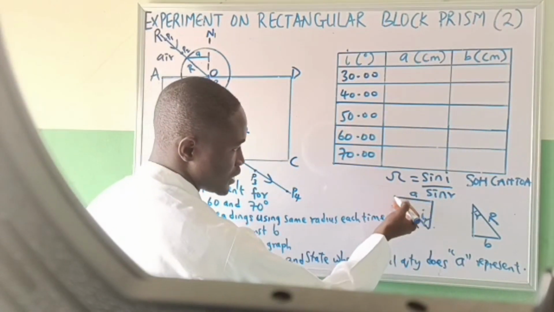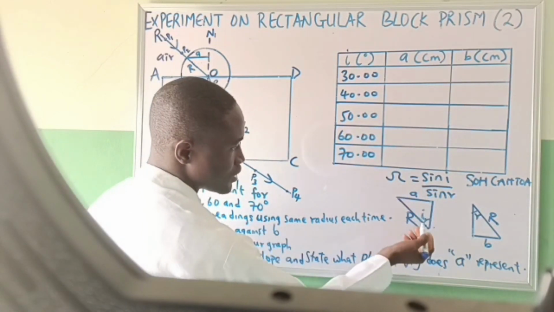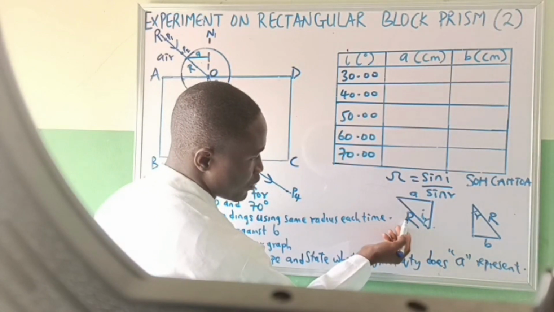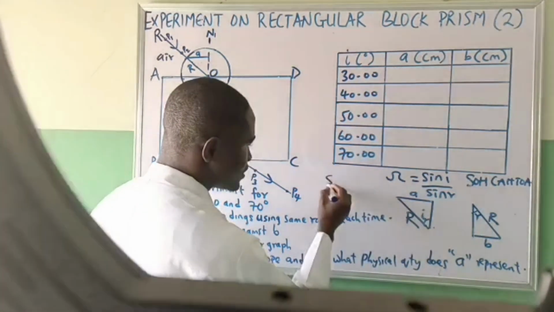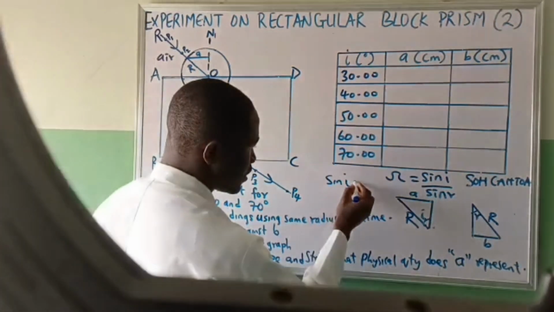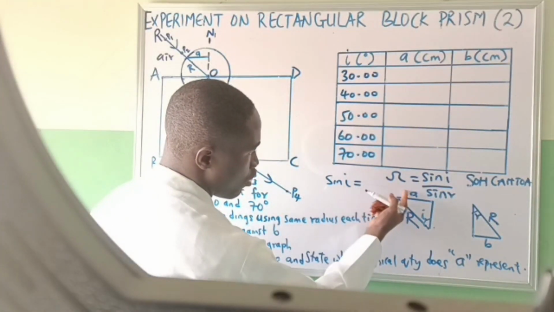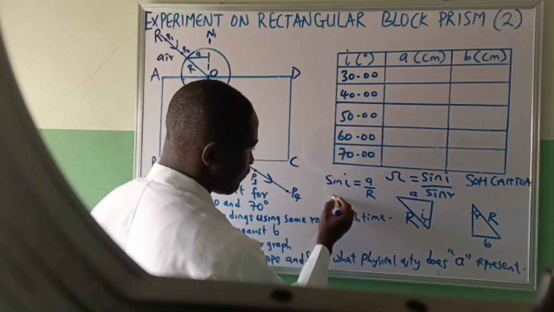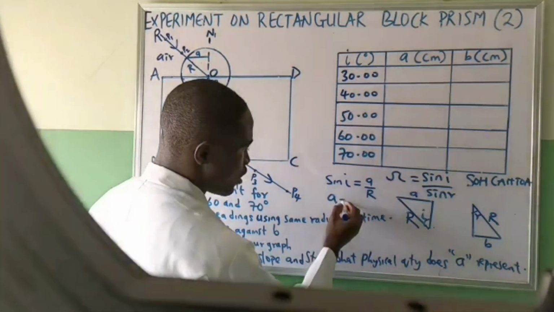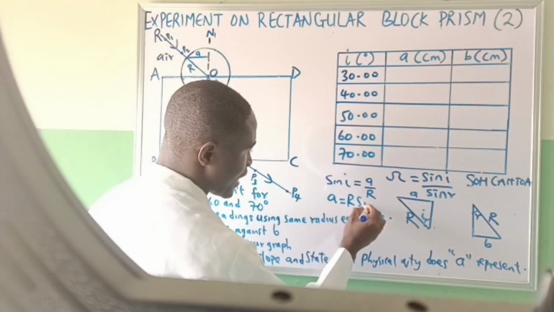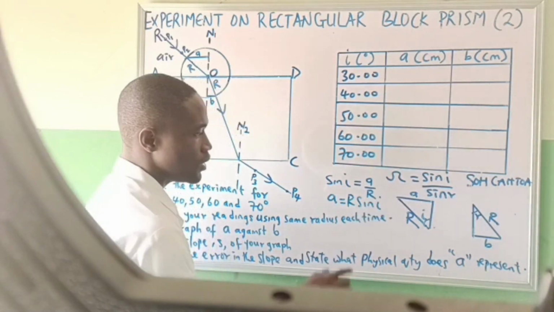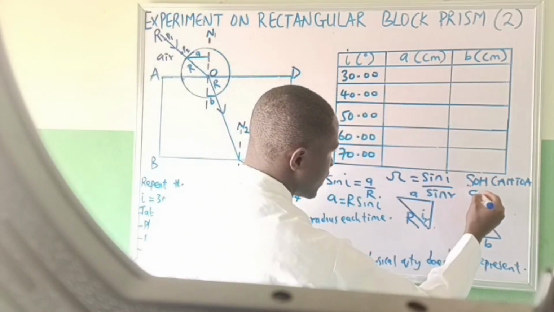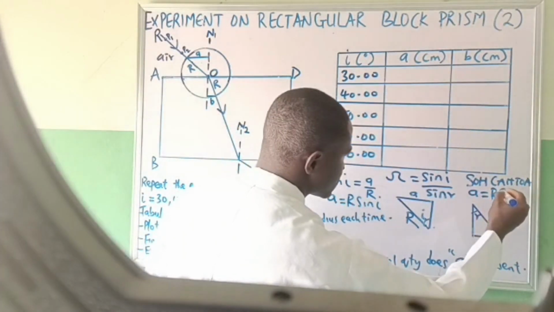For this part, the formula we use: we are looking for A, and we have the opposite, the hypotenuse, and the angle. We say sine i equals what? Opposite over hypotenuse, A over R. Therefore A, which we are looking for, equals R sine i. That is the formula we'll be using.